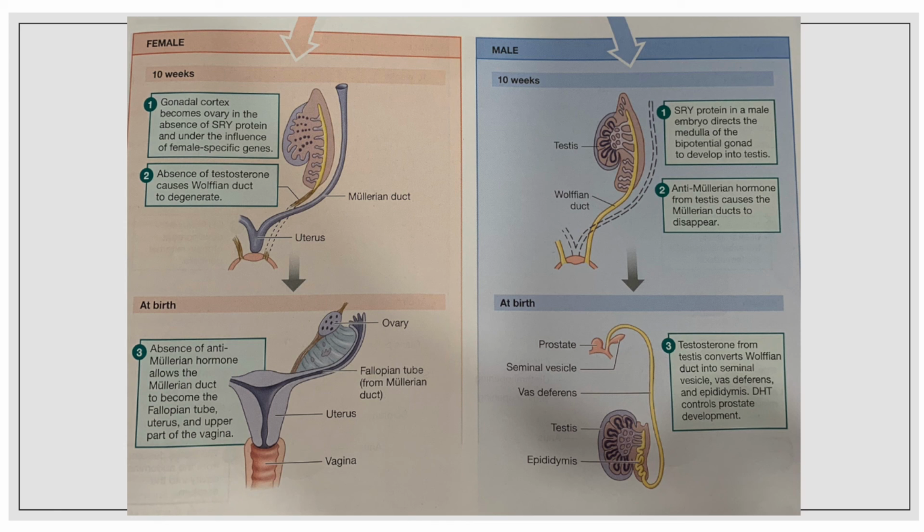The testosterone that is present in the males changes the present Wolffian duct into now a seminal vesicle, vas deferens, and epididymis. There is also another hormone present here, which is DHT, which stands for dihydrotestosterone, and it is a derivative of the testosterone that in this case will control the development of the prostate.